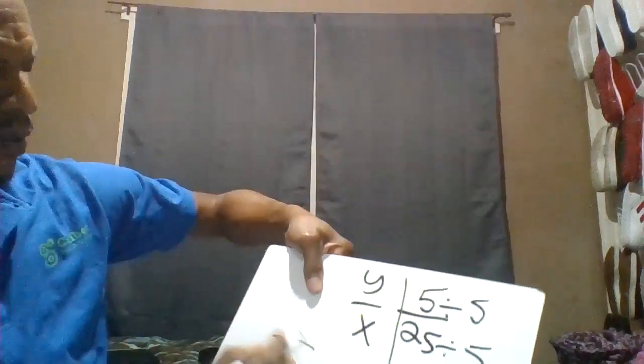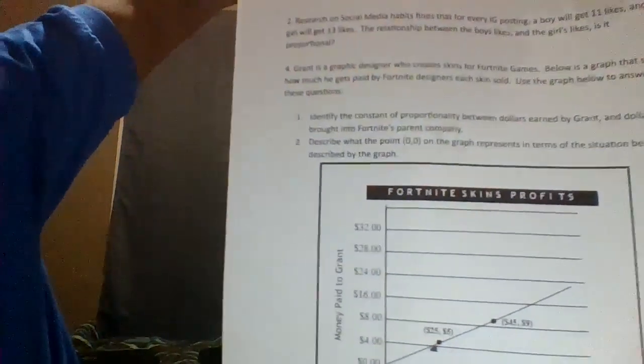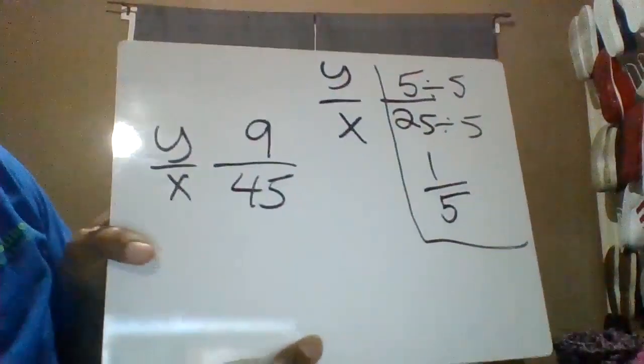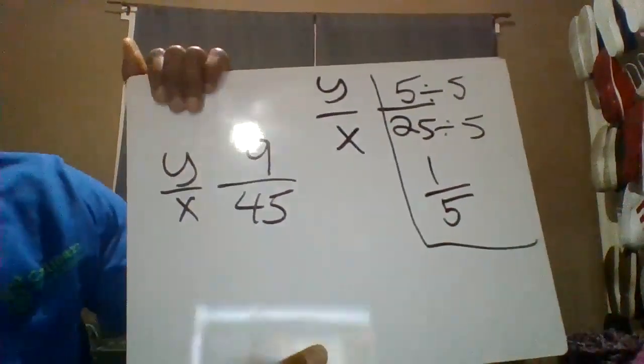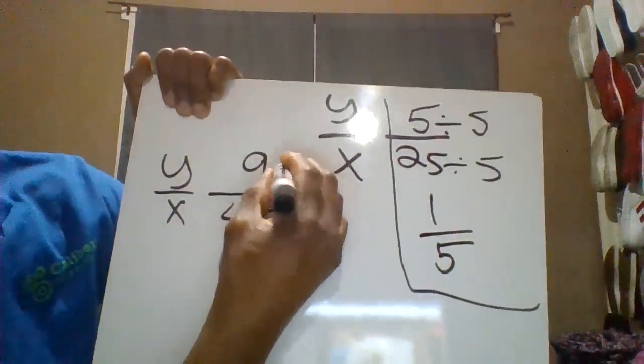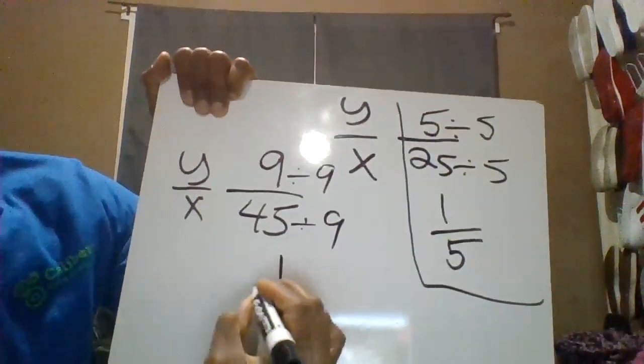The X value is 45, and the y value is 9. Mr. Heath, how did you get it like that? Remembering the X and Y rule. Smart cut.